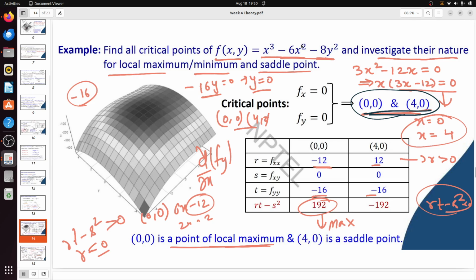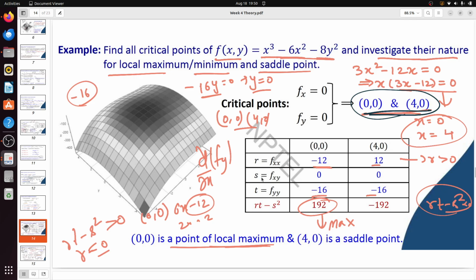To determine the critical points, set fx equal to 0 and fy equal to 0. They will give you the critical points. So what are those critical points? They are (0, 0) and (4, 0). If you take fx, you will get 3x square minus 12x. Solving, you will get x equals 0 and x equals 4. Setting fy equal to 0 gives minus 16y equal to 0, so y equals 0. So that gives you (0, 0) and (4, 0).